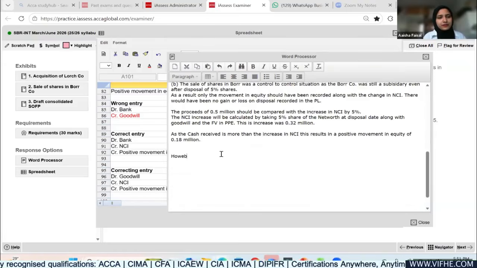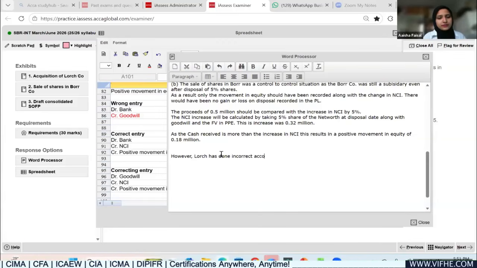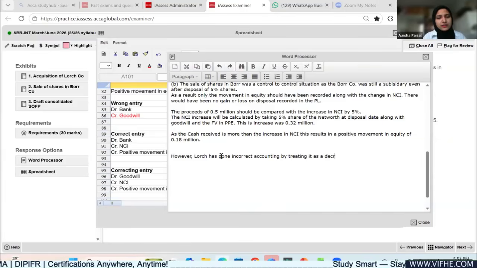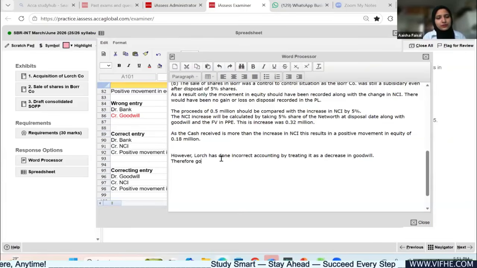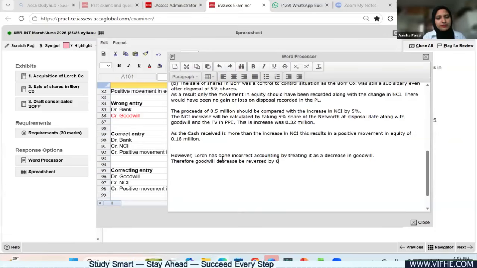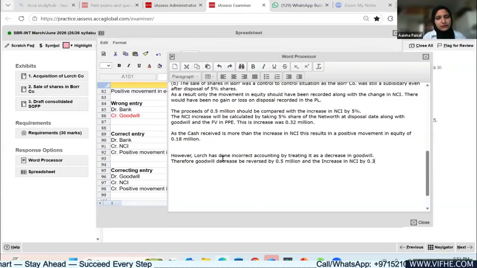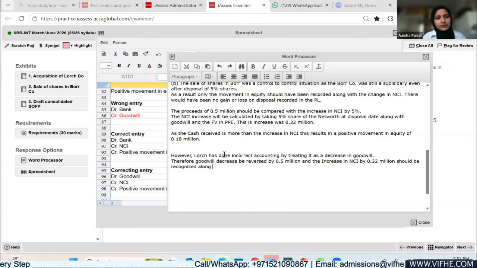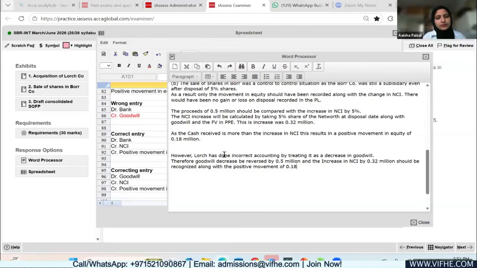However, Lodge has done incorrect accounting by treating it as a decrease in goodwill. Therefore, the goodwill decrease should be reversed by 0.5 million, the increase in NCI by 0.32 million should be recognized, along with the positive movement of 0.18 million.